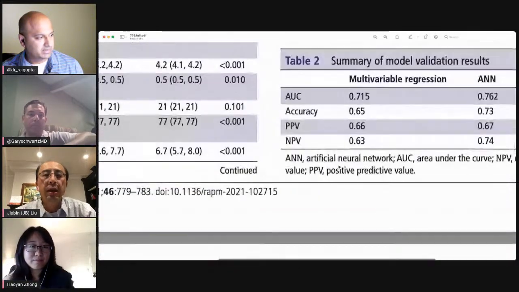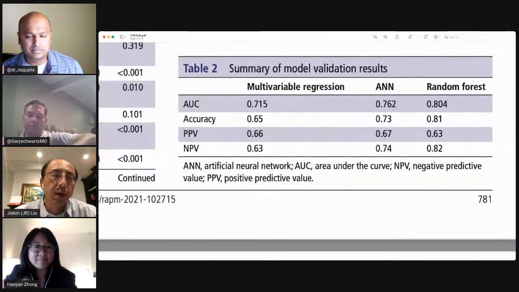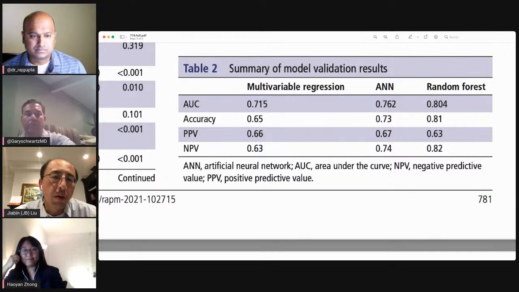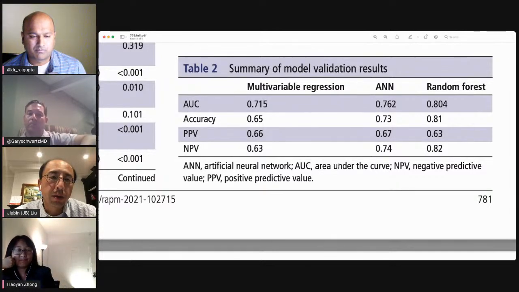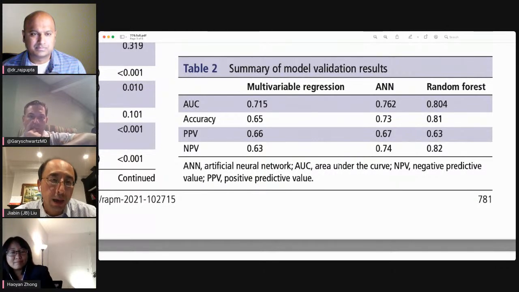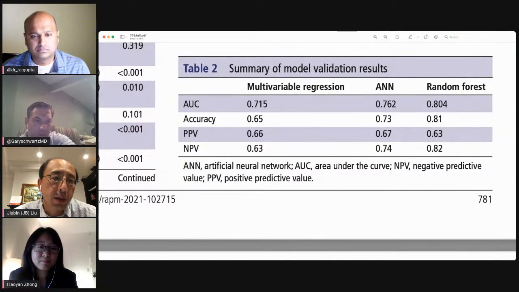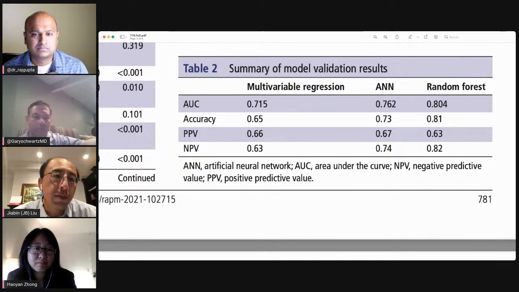JB, you had a comment about Table 2. Yeah, from a clinician's point of view, when you interpret results for any model and all this regression, for example AUC, the higher the better. If you have 0.9, that's perfect. 0.8 and above is a pretty good model. 0.7 to 0.8 is an acceptable model. If it's less than 0.6, usually it's a poor model. For accuracy, we don't have an exact cutoff, but generally the same principle.